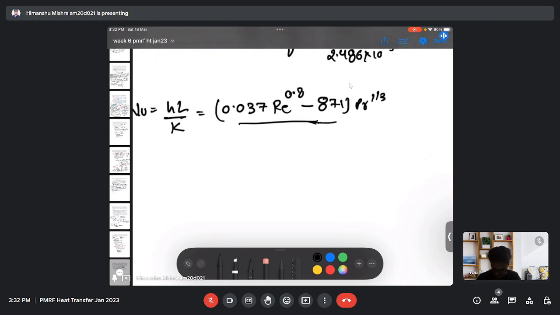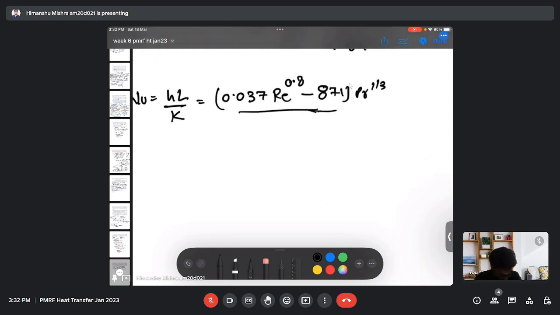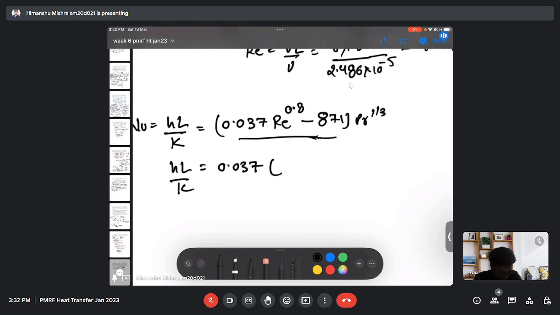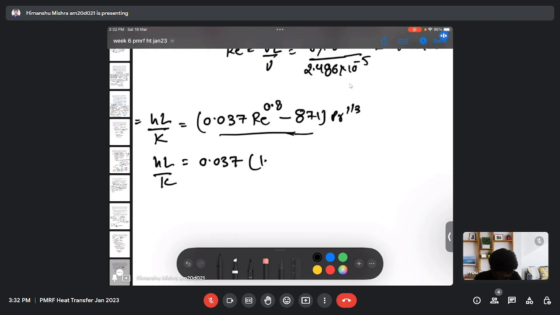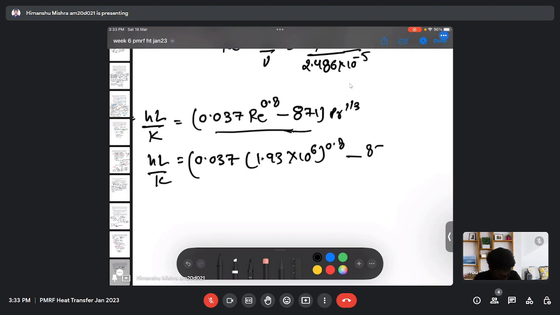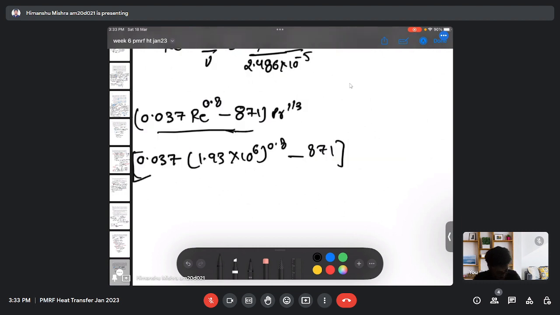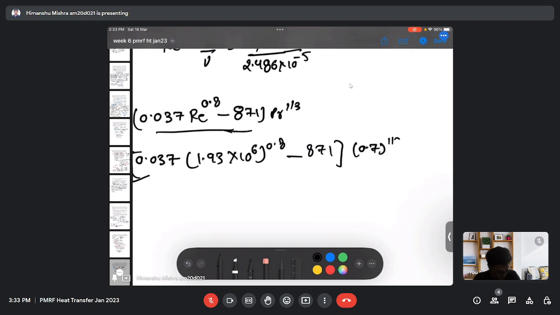So we are just revisiting such problems once again. We already know the Reynolds number, which is 1.93 10 to the power 6. And my Prandtl number is 0.7 to the power 1 by 3.